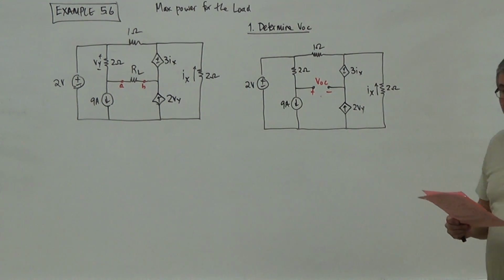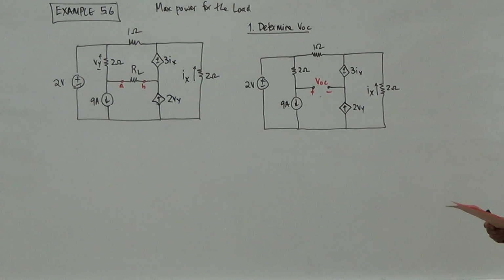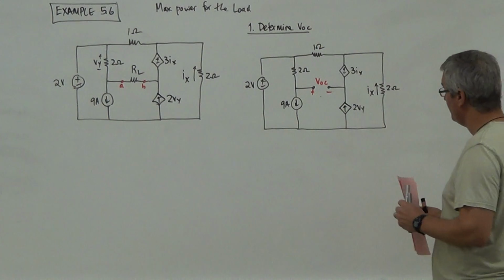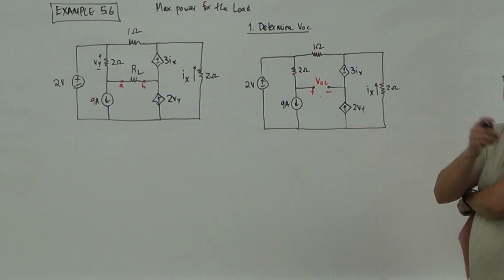Okay, let's look at this one here. What's the most efficient way for me to calculate this? There are a lot of ways to look at this. Where would you put your ground?